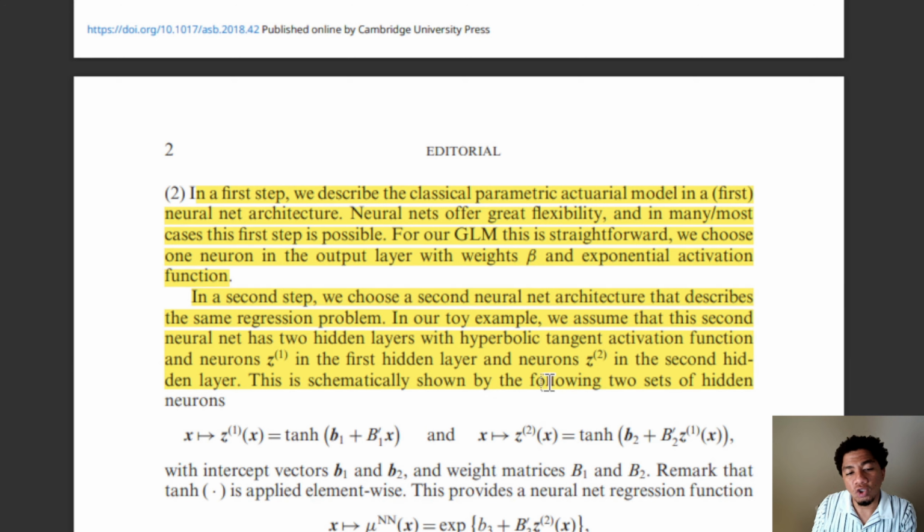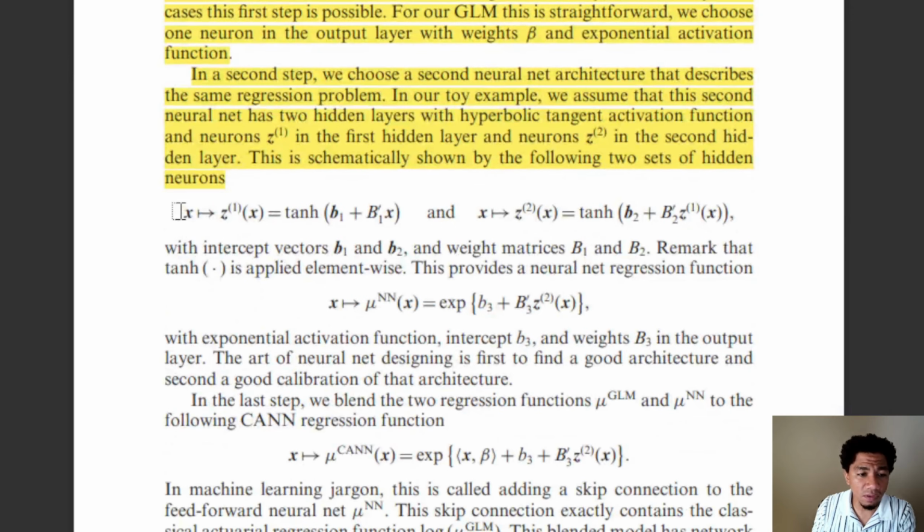This is schematically shown by the following 2 sets of hidden neurons, right? Then you have these, this is the function of the first hidden layer, and then this is the function of the second hidden layer. And basically say that this provides a neural net regression function. So this is kind of like the final output.